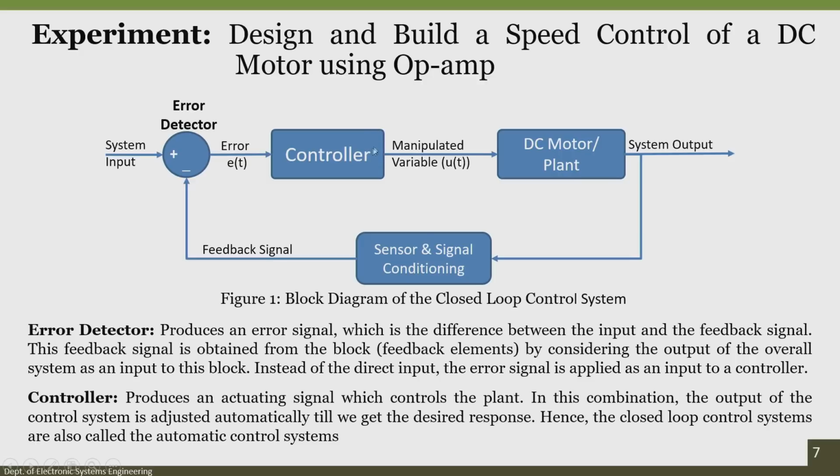Whatever signals are generated based upon the controller and the gains that we are digitally providing will be converted into an analog output by the data acquisition device, and that will be given as an input to the driver of the DC motor, where the DC motor is connected to the driver circuit. Then, as we have already seen, the motor is integrated with the encoder, which gives digital pulses.